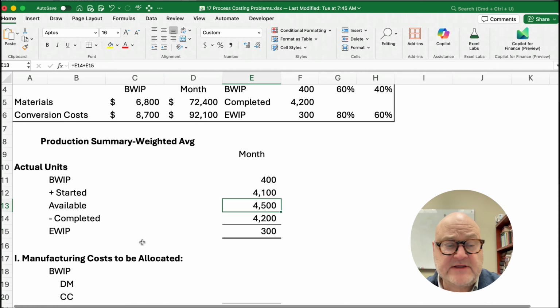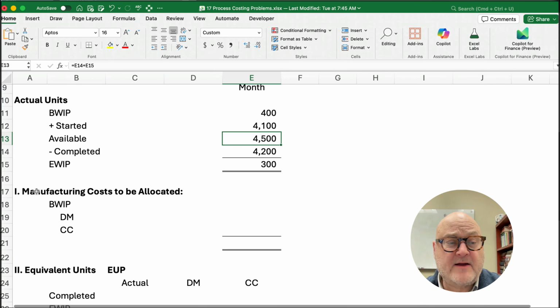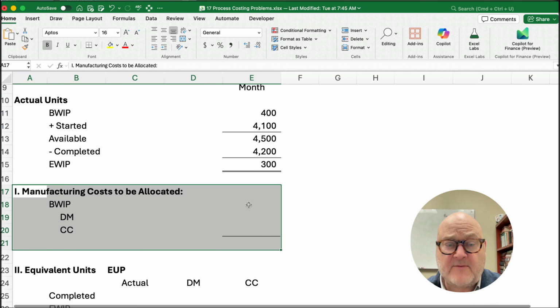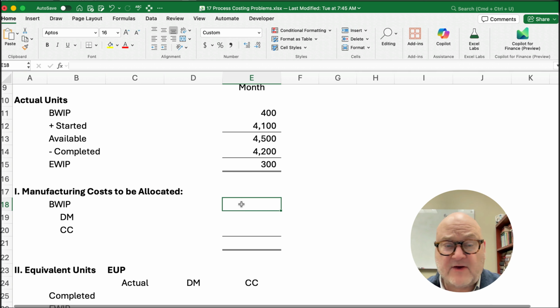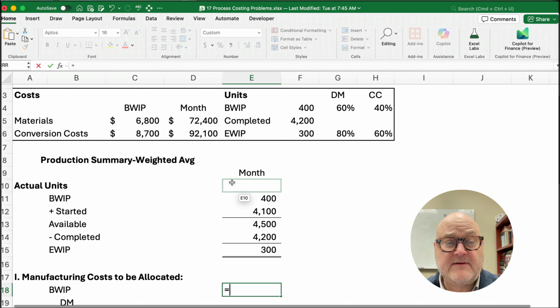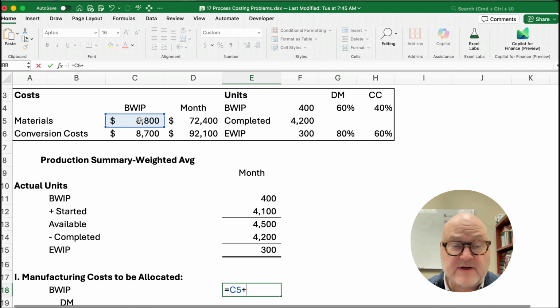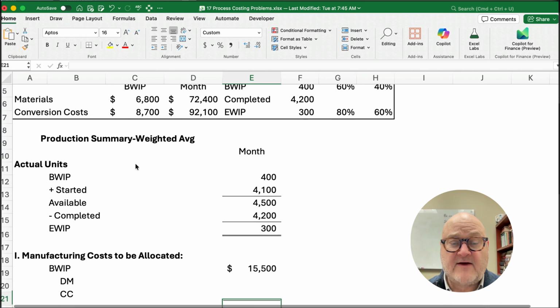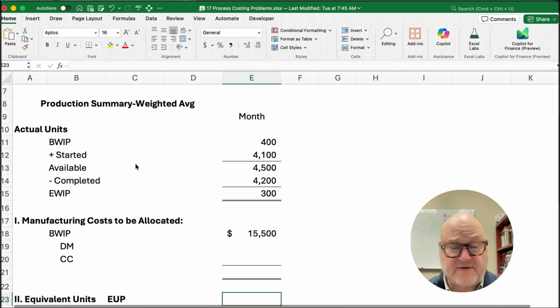All right, so here's what happens on manufacturing cost. Now, we need to take manufacturing cost for beginning work in process. So we're going to take the 6,800 plus the 8,700. That's our beginning work in process cost of 15,500.